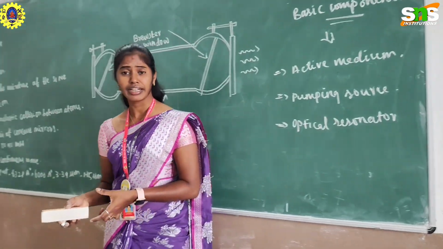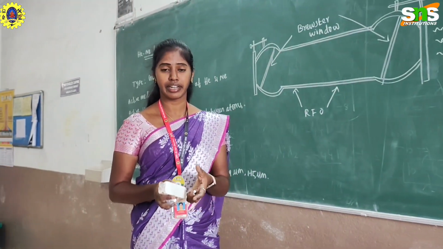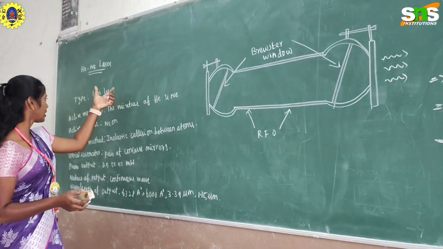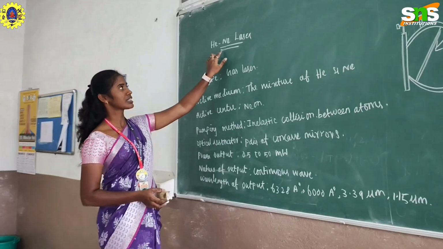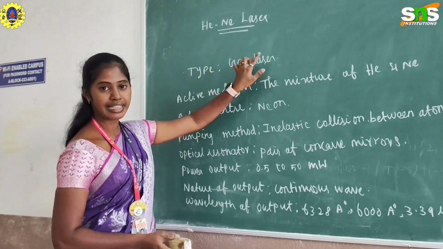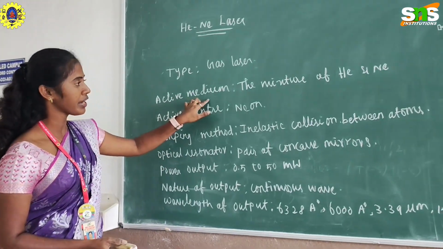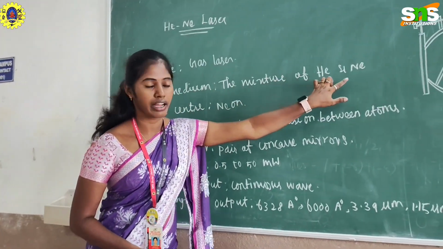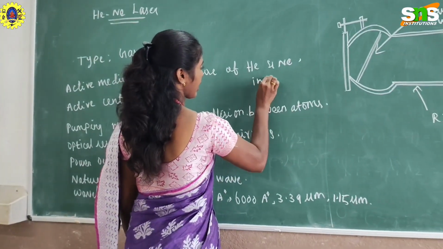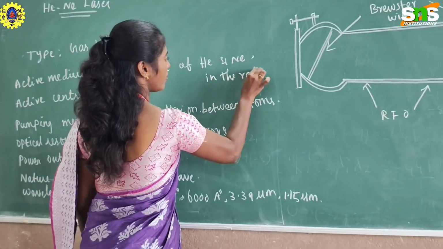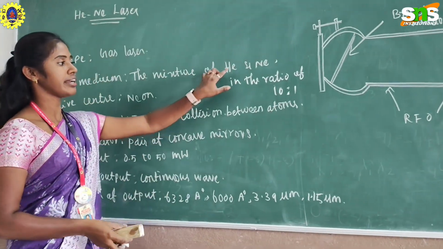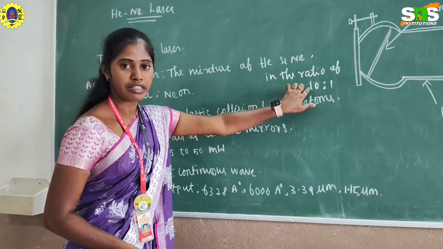In this class I am going to explain about helium neon gas laser, which is one type of gas laser. Look here, this is the helium neon laser. Here the active medium is a mixture of helium and neon in the ratio of 10 to 1.